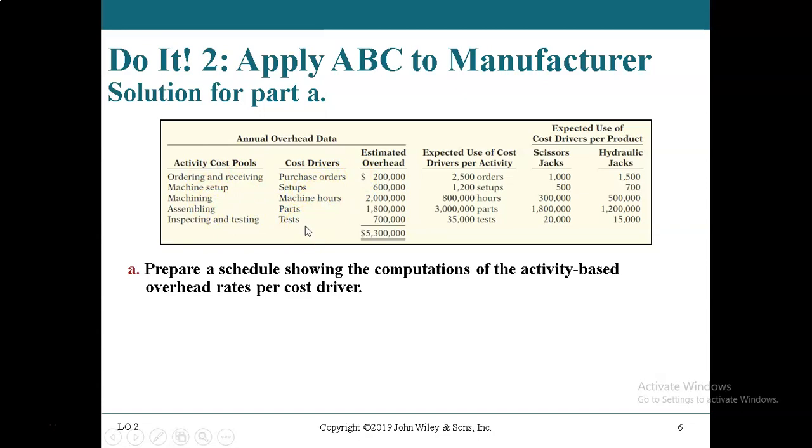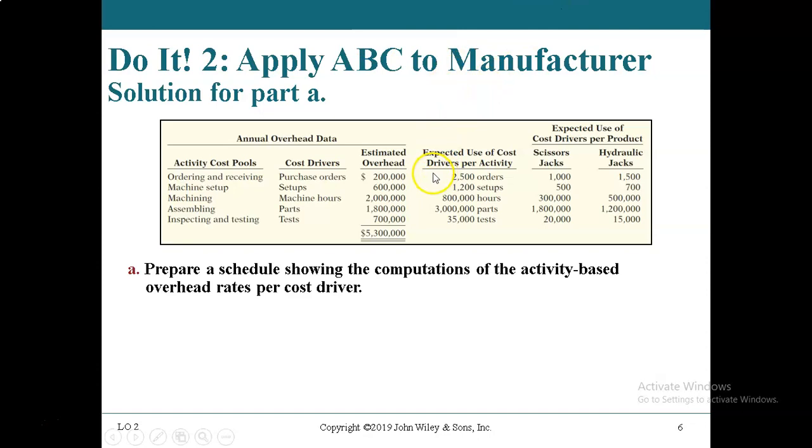What would be the cost driver for ordering and receiving? You can see the cost driver is purchase orders. Then we see that we have $200,000 worth of ordering and receiving cost, $600,000 worth of machine setup cost, $2 million worth of machining cost, and so on and so forth.